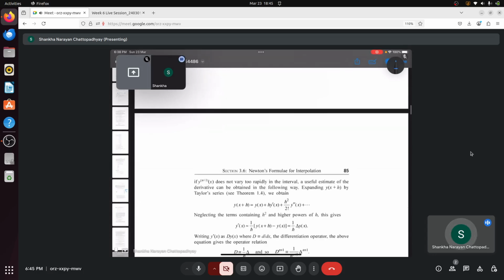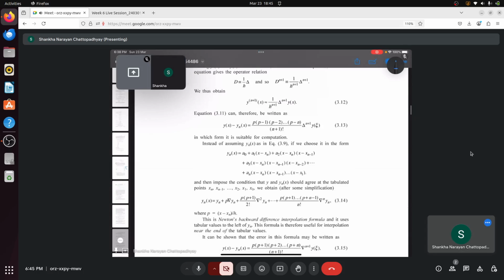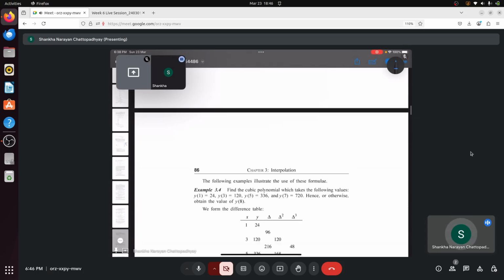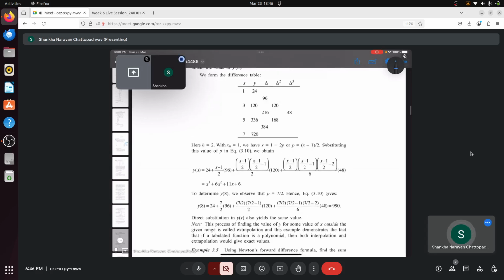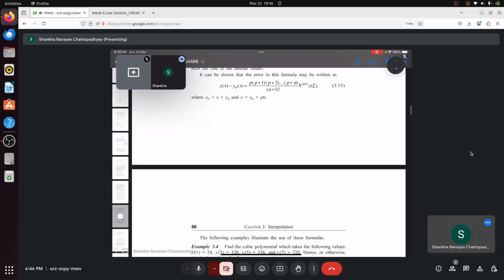Next I will go through what is called Newton's forward interpolation formula. So how is this formula made?